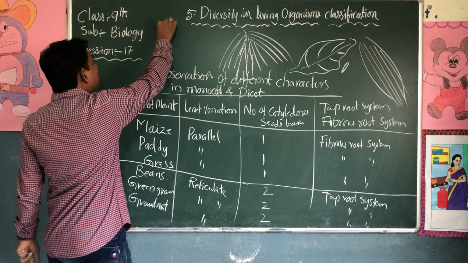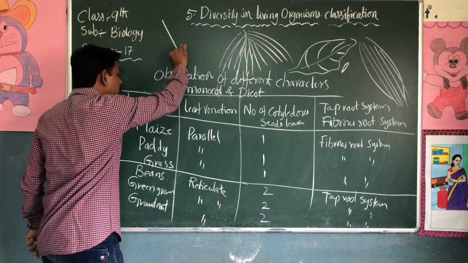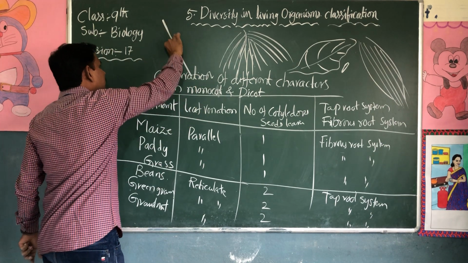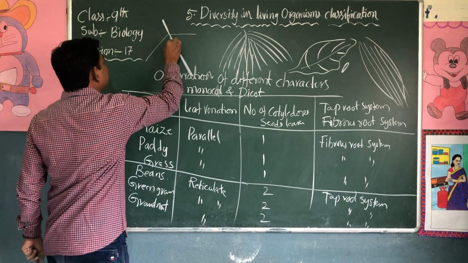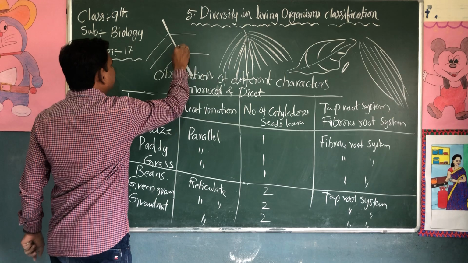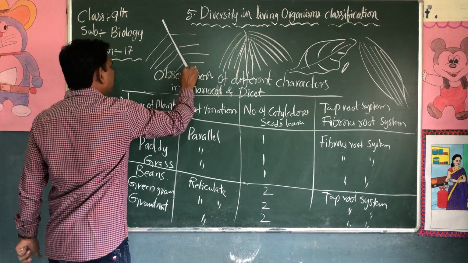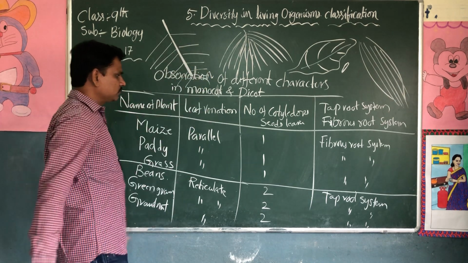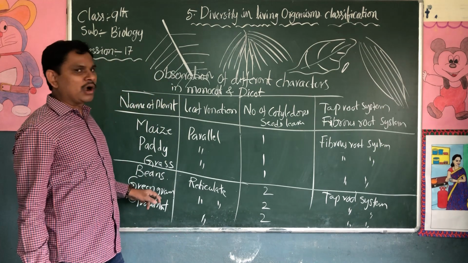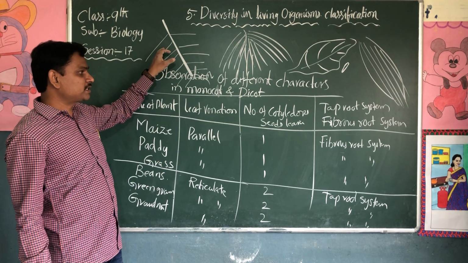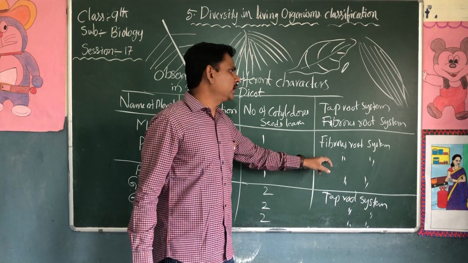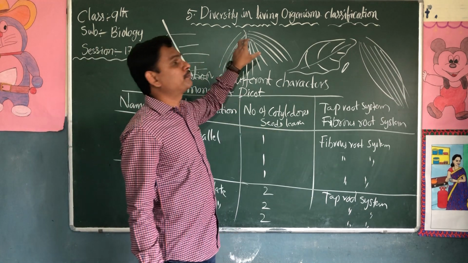What is a taproot? There is one long main root, and from this long root many small branch roots arise. This is the taproot system. Dicotyledons have a taproot system, and monocotyledons have a fibrous root system.